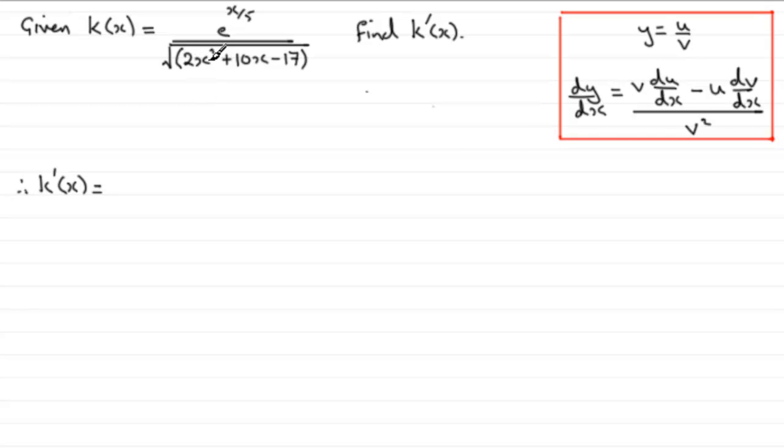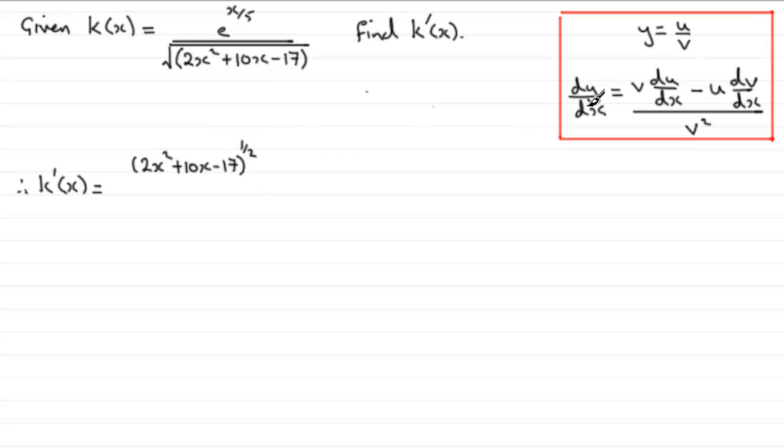The bottom of the fraction is 2x squared plus 10x minus 17, all square rooted, but I'm going to change the square root to the power a half. Again, we should be familiar with that.